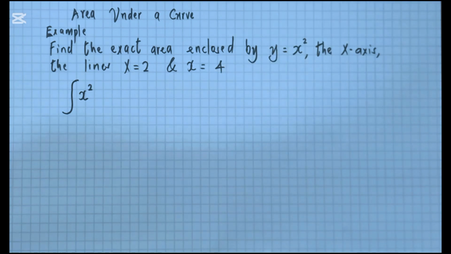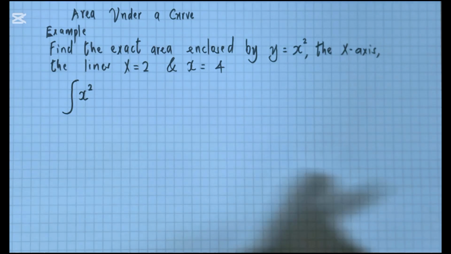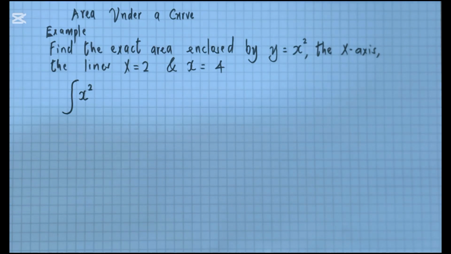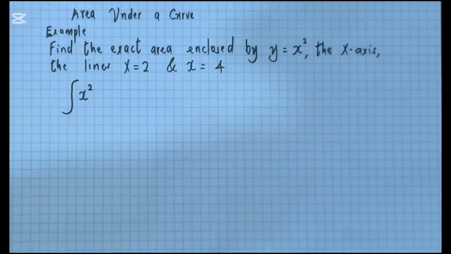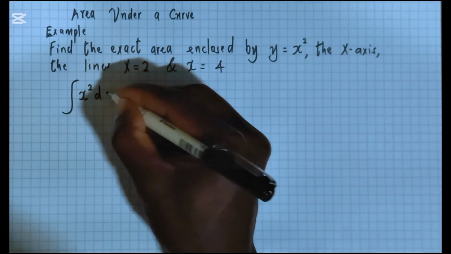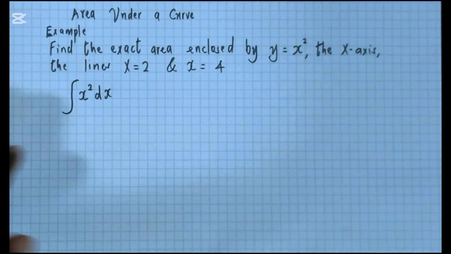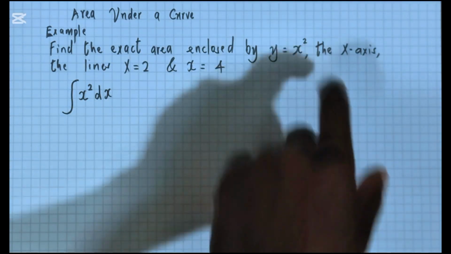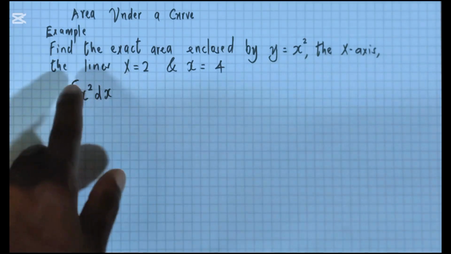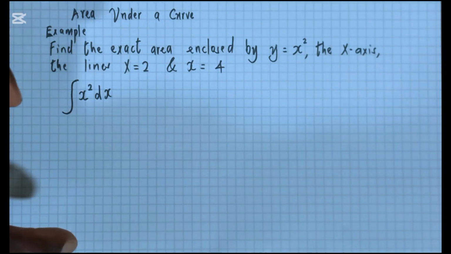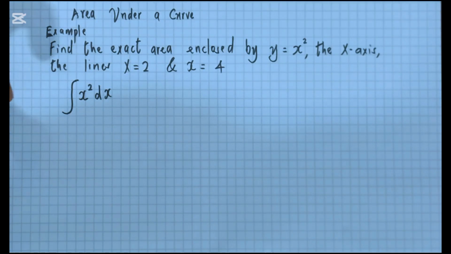So we are going to integrate x squared with respect to x, as that is what the value of y is. While doing that, we are going to use limits, so this is going to be a definite integration.